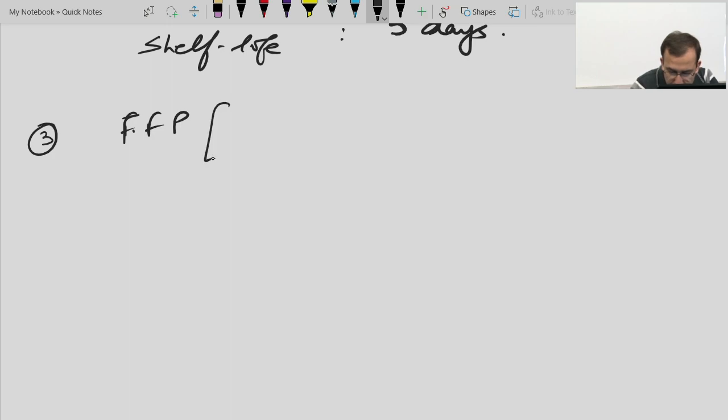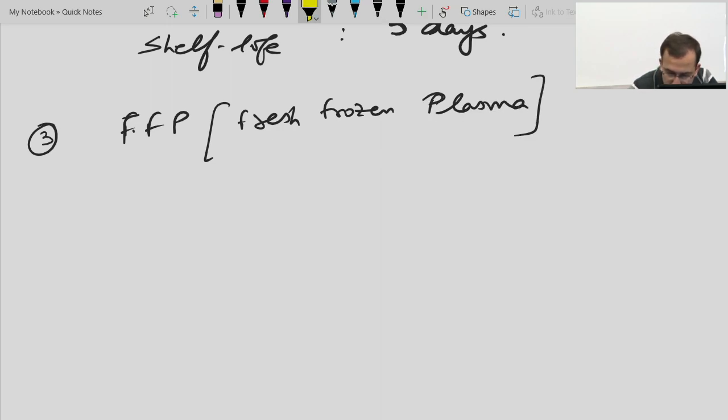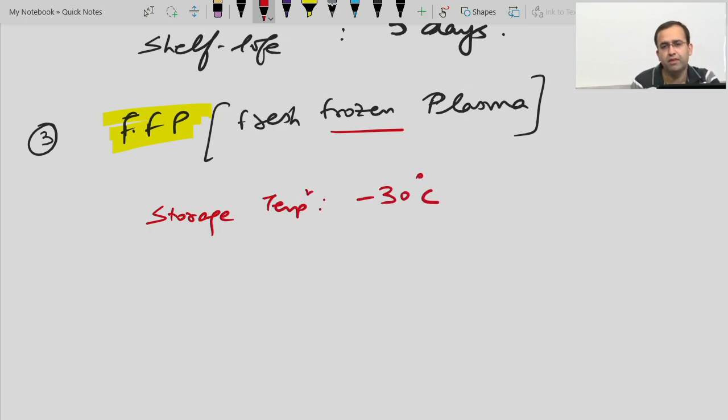So starting with FFP, fresh frozen plasma. The name tells you everything. Frozen. The storage temperature is minus 30 degrees Celsius. If it is in a deep freezer, the shelf life would be much higher, that is 1 year.